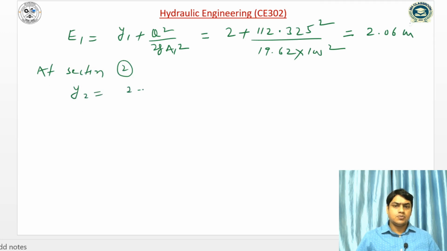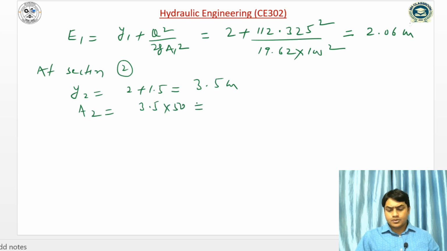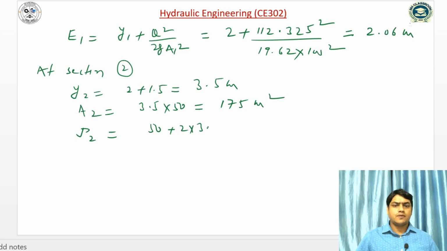y2 is 2 plus 1.5, so it will be 3.5 meter. So A2 is 3.5 into 50, so it will be 175 meter square, and perimeter is 50 plus 2 into 3.5, so it will be 57 meter.